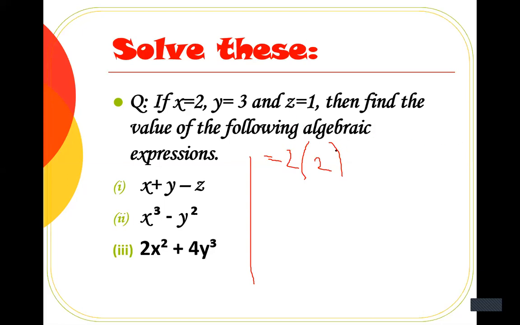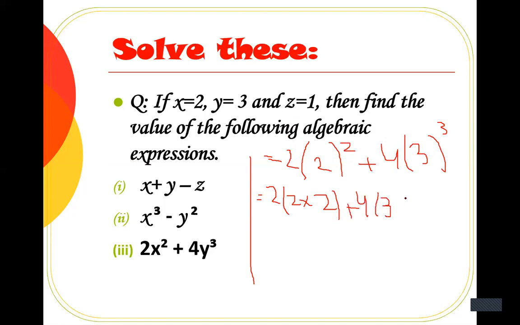Then plus 4, then y will be replaced with 3, and then your exponent 3. So you will open your brackets and write 2 multiplied by 2, then plus 4, 3 multiplied by 3 multiplied by 3.